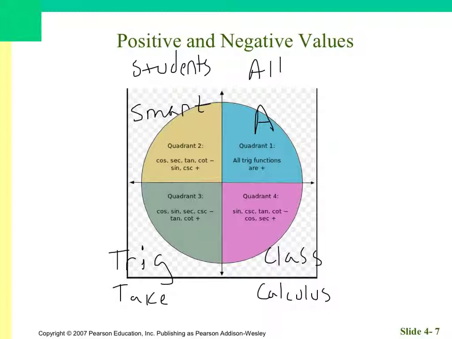So the A stands for all, meaning all of them are positive. Student, smart: what does it begin with? S. So that means sine is positive, and if sine is positive, so is cosecant. Trig, well, what main one begins with T? Tangent. So tangent is positive, so is cotangent. Class: cosine, or secant. The rest are negative. Okay? You will need to remember that.